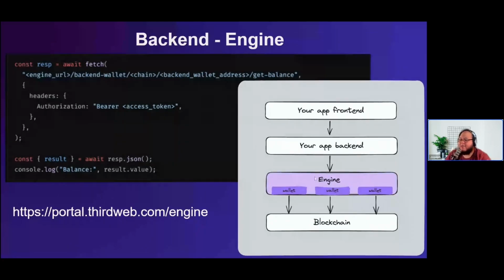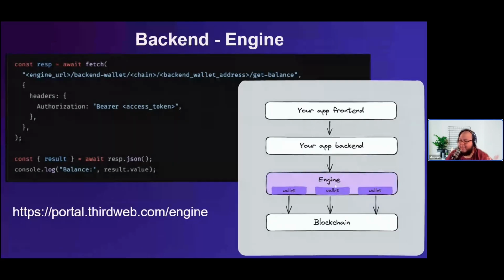That backend will now talk to Engine, right? Your backend says, "Hey, a user clicked this button. I want Engine to call this get balance function," and Engine, our hosted service, will perform that call. It has its own host of wallets that it can use to transact on behalf of users.